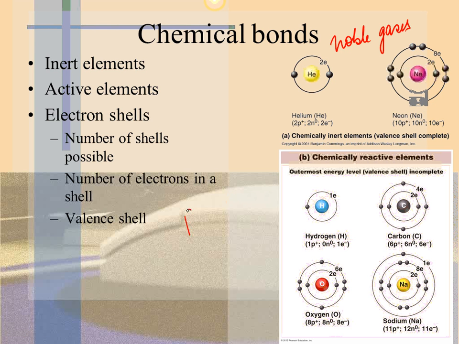So the first orbital can have a maximum of 2 electrons. After the first 2 have filled the first orbital, then they go into the next, which has the capability of having a maximum of 8 electrons. The third orbital has a capability of 18 electrons, and so on.